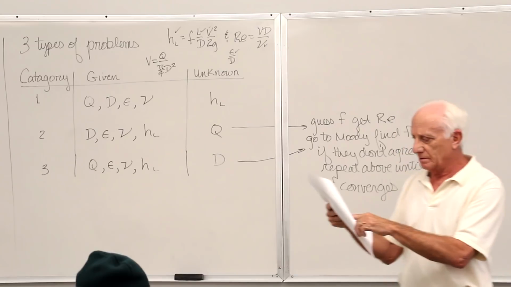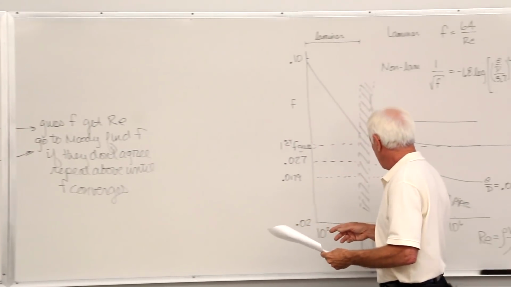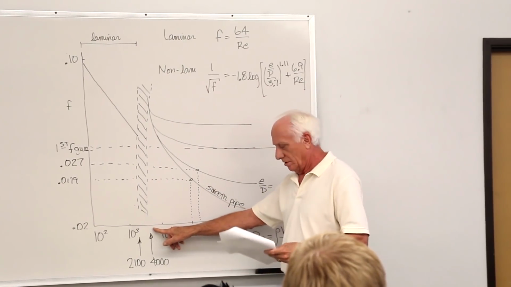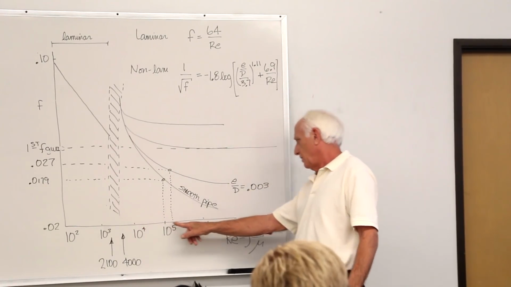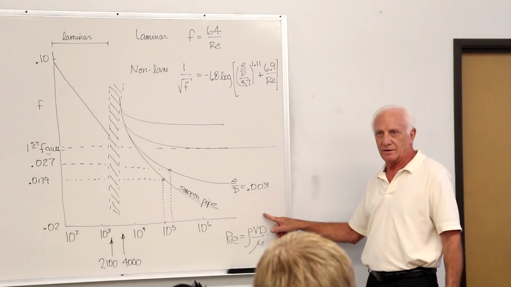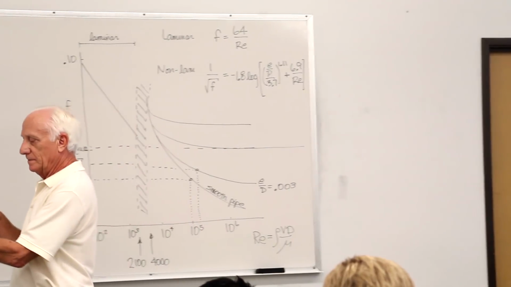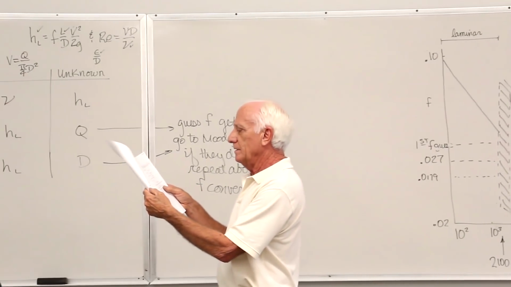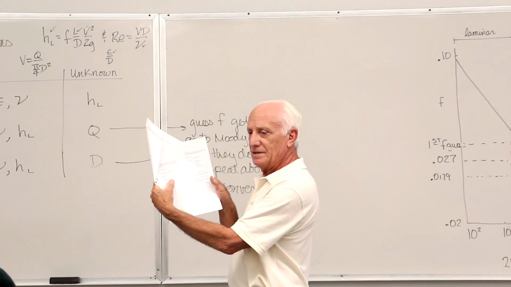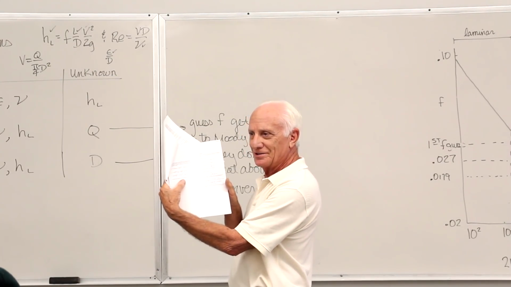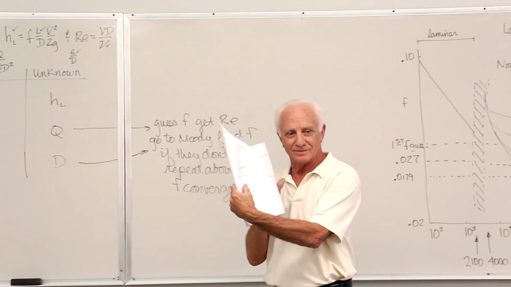Ooh, that's a big region. 5,000, 5 times 10 to the 3rd, right here, all the way to 10 to the 8, way out here. That's a good range. And below that it says, by the way, you can use either English or SI in these equations.